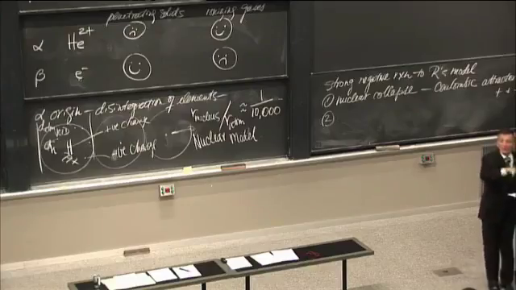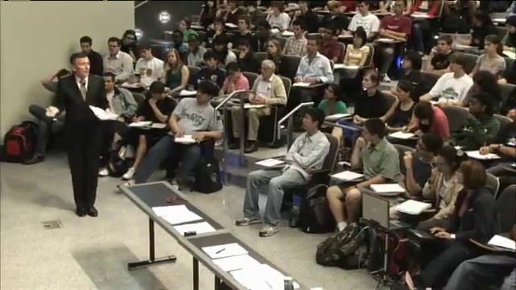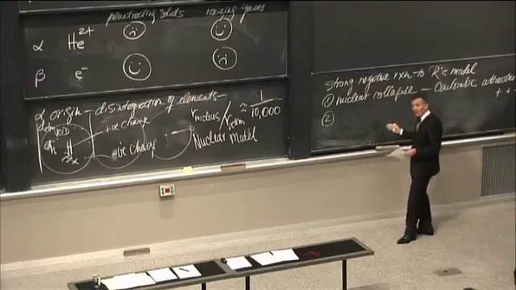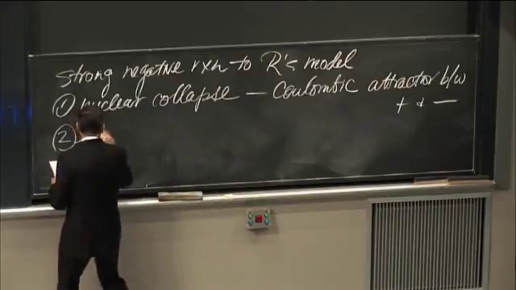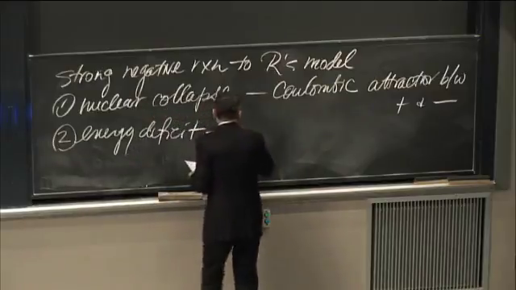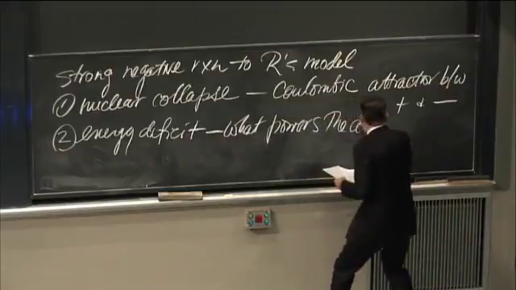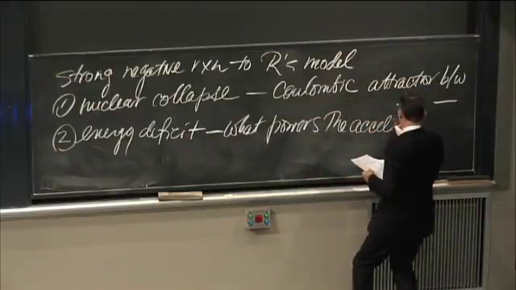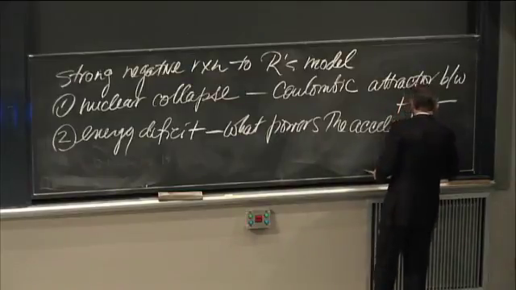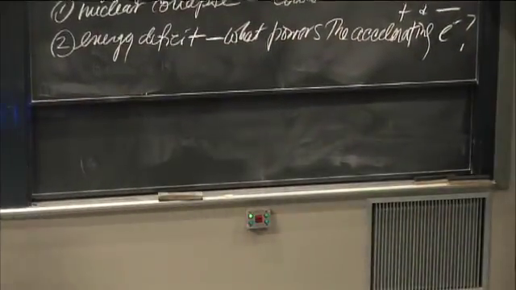So changing direction means acceleration, which means, what keeps the energy in the electron? Why doesn't the electron just run out of energy and just stop? Forget it, even if you can prevent it from collapsing, it'll just stop. So this is the problem of energy deficit. What powers the accelerating electron? So that's a problem.